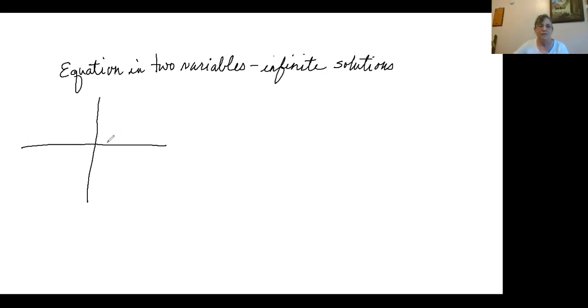Even if we just wrote, for example, X equals 3. In 2-dimensional space, this is a line containing every point whose X is equal to 3.